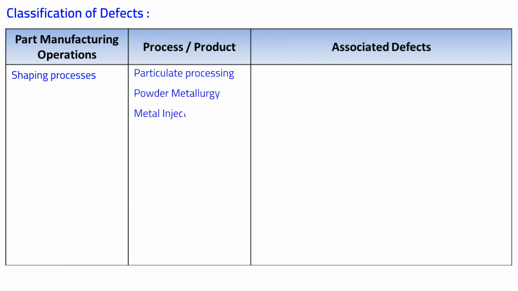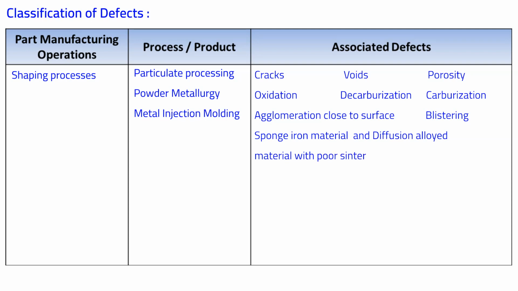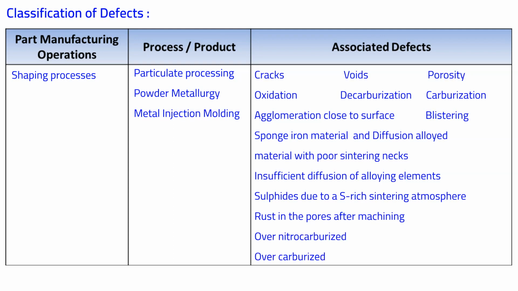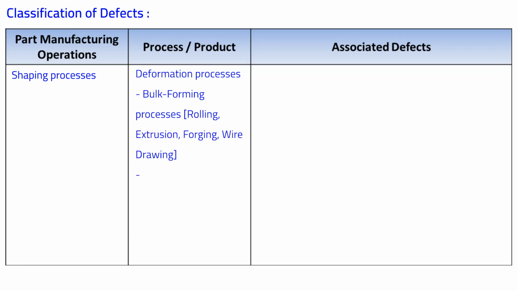The defects associated with these processes are cracks, voids, porosity, oxidation, decarburization, carburization, agglomeration close to surface, blistering, sponge iron material and diffusion alloyed material with poor sintering necks, insufficient diffusion of alloying elements, sulfides due to S-rich sintering atmosphere, rust in the pores after machining, over-nitrocarburized, over-carburized.